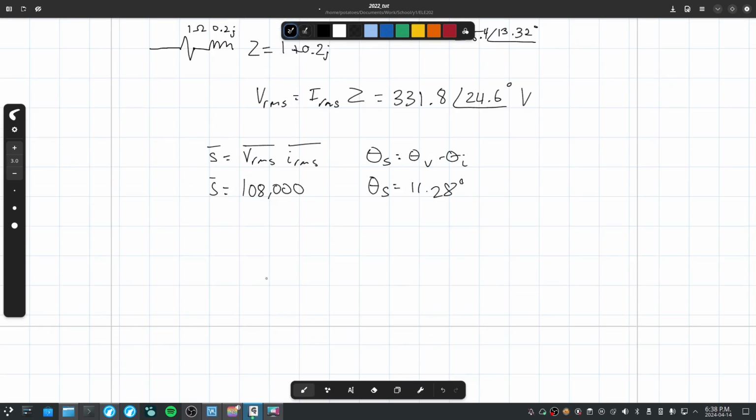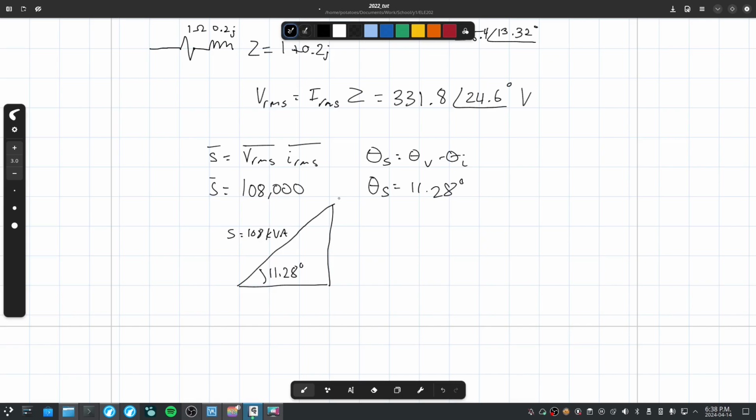Let's construct our power triangle. So we have this here. Again, the power triangle is never going to be to scale. It's just meant as a representation, right? 11.28 degrees. This is S equal to 108k volt-amps.